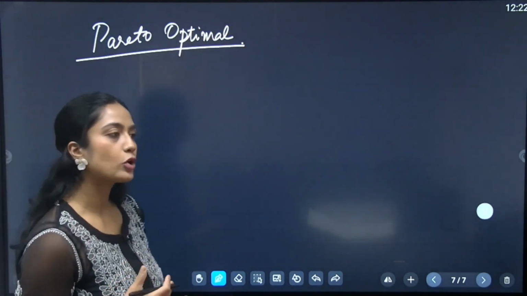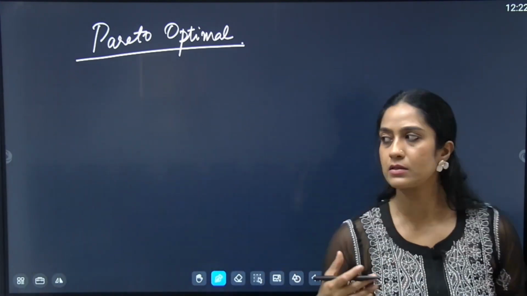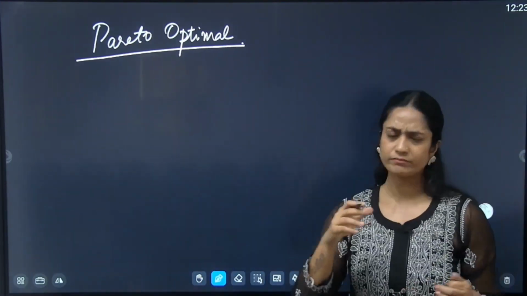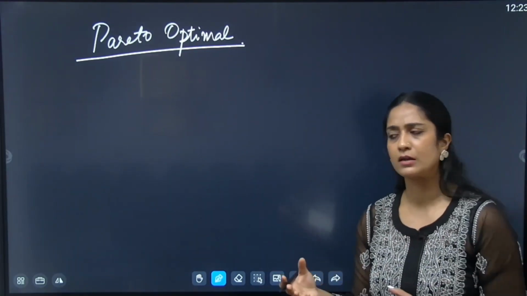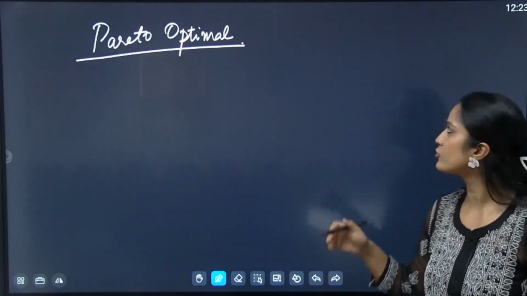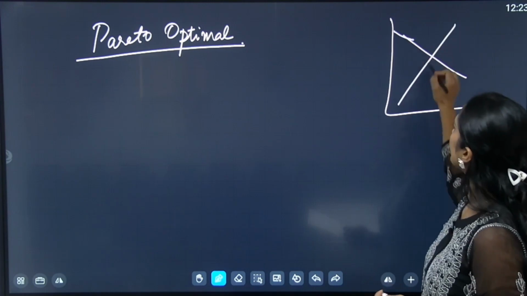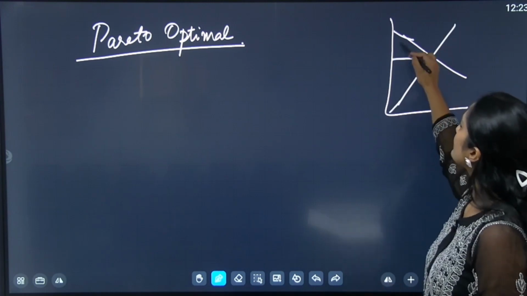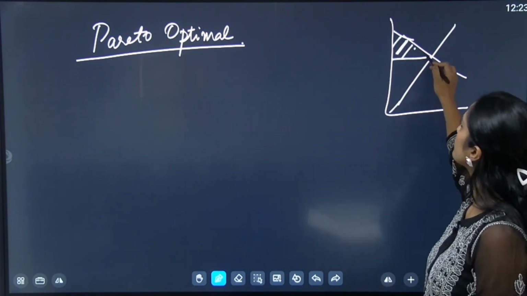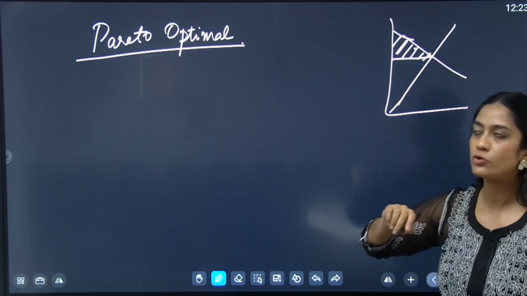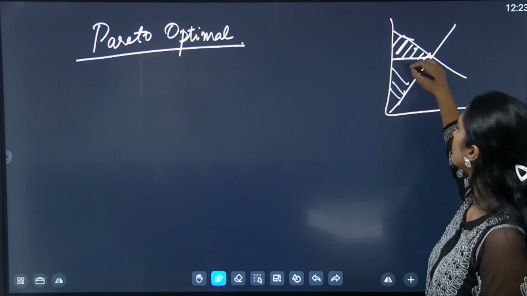So far, when we looked at consumer welfare plus producer welfare, right? जो हमारा ये supply demand curve होता था, उसमें हम कहते थे कि whatever is the price, there is some welfare that goes to the consumers, and then there is some welfare that goes to the producers.